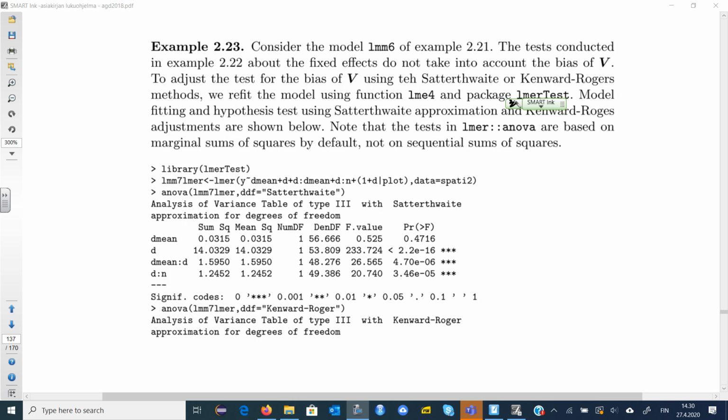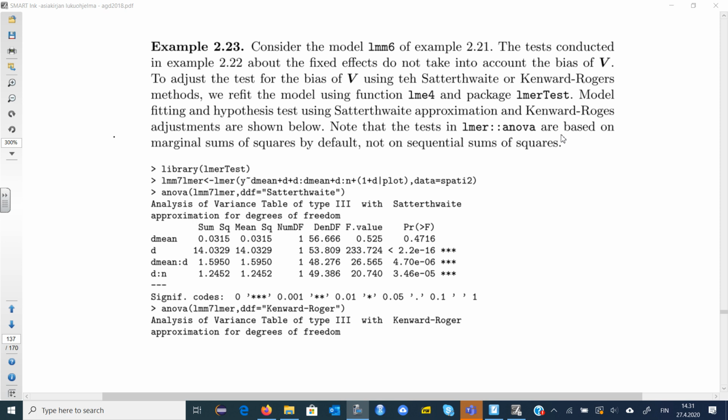Okay, but in the previous test we did, we used the Pinheiro and Bates method for computing the denominator degrees of freedom for the models. But we could also do the less conservative Satterthwaite or Kenward-Roger approximations for that.